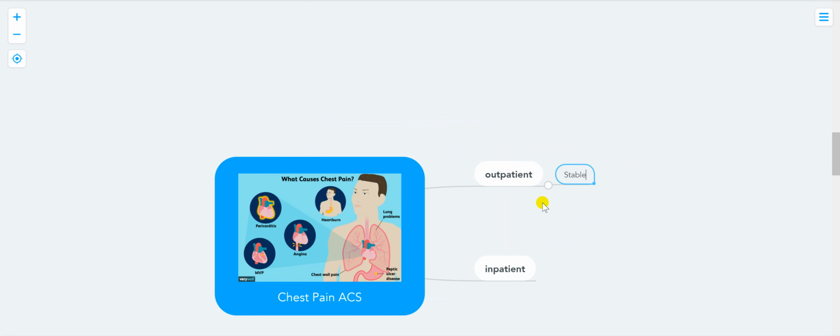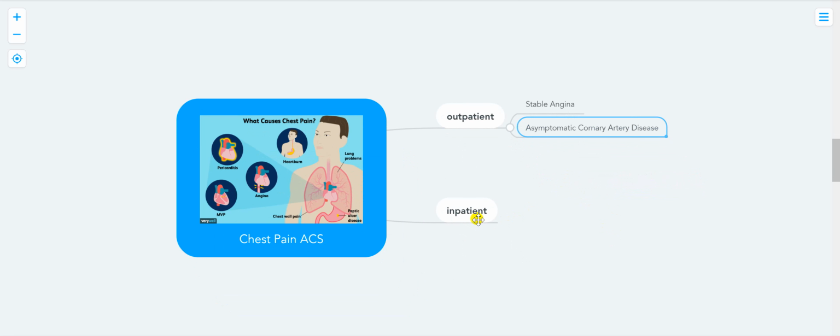Stable angina, or asymptomatic coronary artery disease.